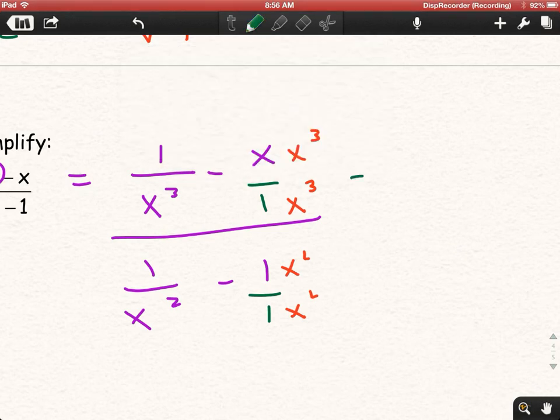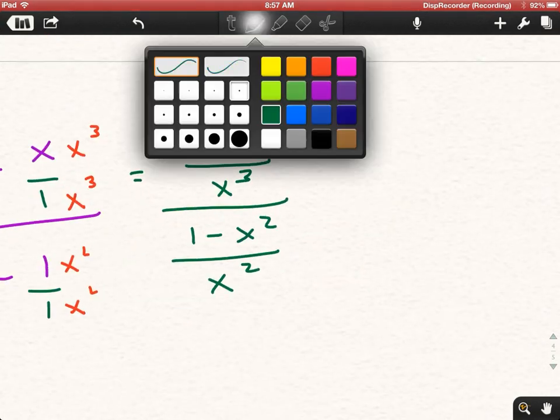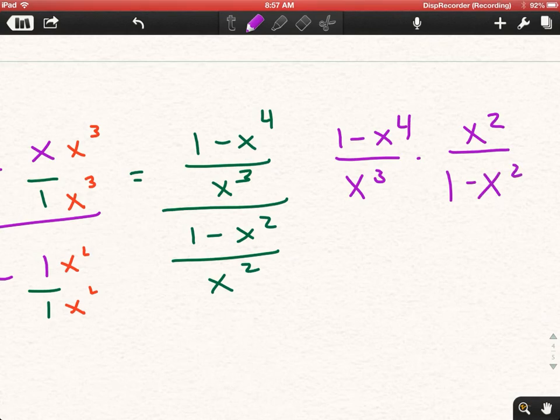So this becomes 1 minus x to the 4th all over x cubed. This becomes 1 minus x squared all over x squared. And then we can flip and multiply. So this is 1 minus x to the 4th over x cubed times x squared over 1 minus x squared. Cancel.